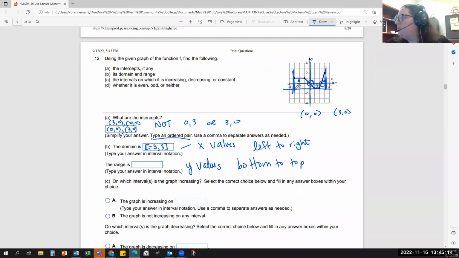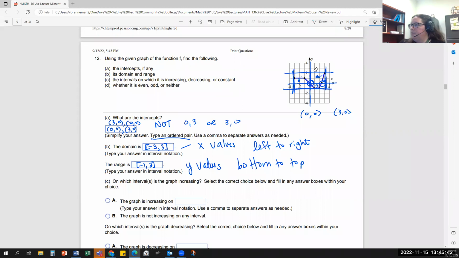Here you can think of a floor and a ceiling getting as tight as possible onto the graph, or collapsing the graph onto the y-axis, and it's going to cover from -1 to +2. Again, with square brackets, there were no arrows or open circles on this graph, so there are no parentheses on the domain and range.